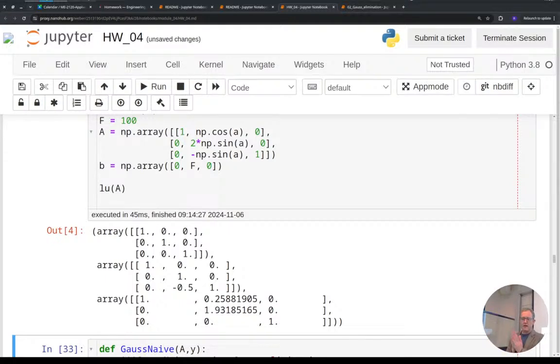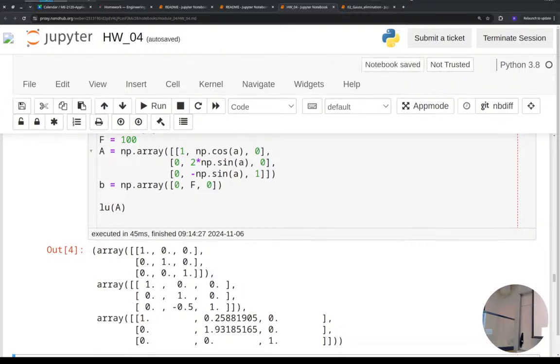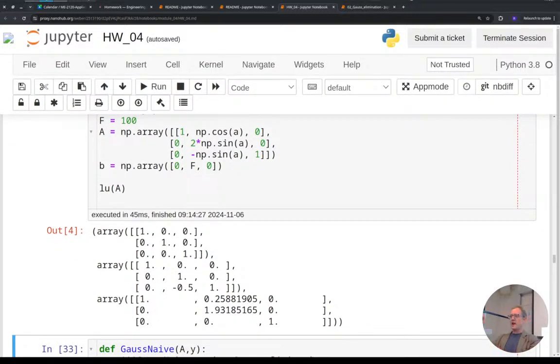When I ask for the LU decomposition of A, because this SciPy LU decomposition does partial pivoting so that the Gauss elimination doesn't run into errors. I think we saw that last time on Monday, but you end up with not a number if you have zeros along your diagonal. This first output is just a pivot matrix, keeping track of how Gauss elimination would rearrange rows, and the next two are the lower and upper.